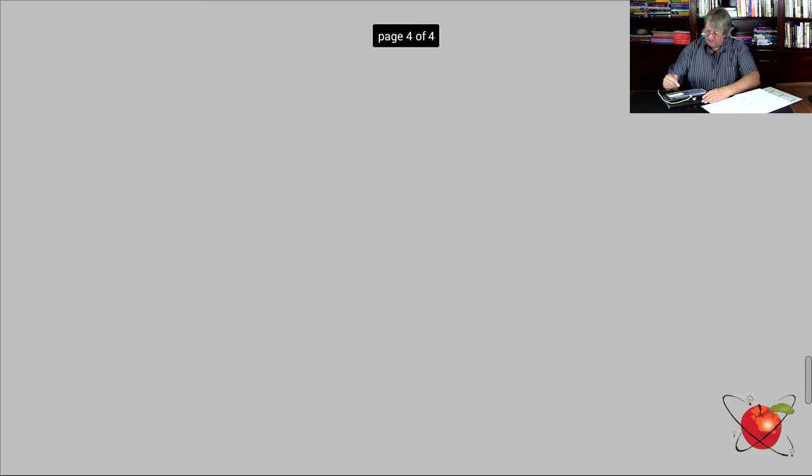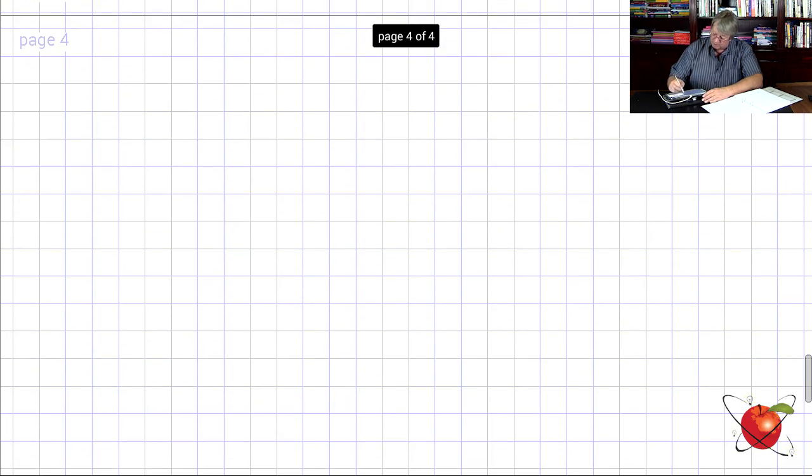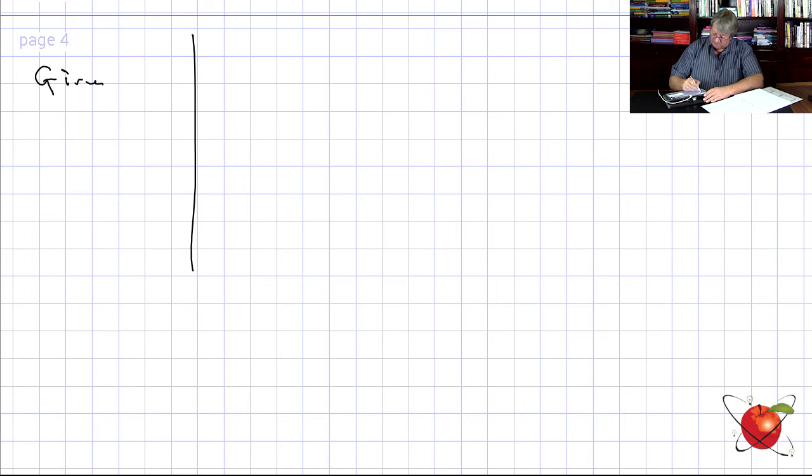Remember that they could give you, let's say, the following graph. I'm just going to draw it over here now. Put in my asymptotes.